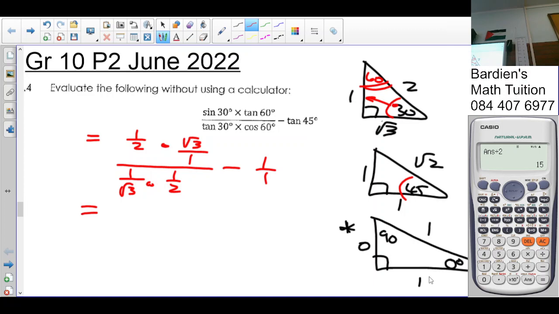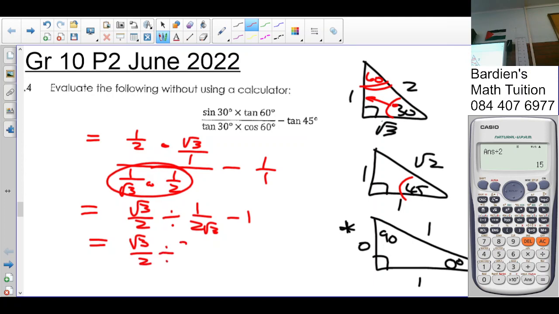So this here would simply give us on top root 3 over 2 must be divided by the denominator, which is 1 over 2 root 3 minus 1. So that will flip around, so it will be root 3 over 2 multiplied by 2 root 3 over 1 minus 1. So the 2's cancel.